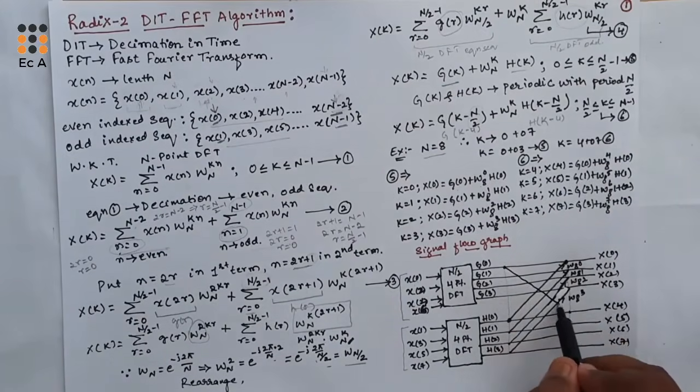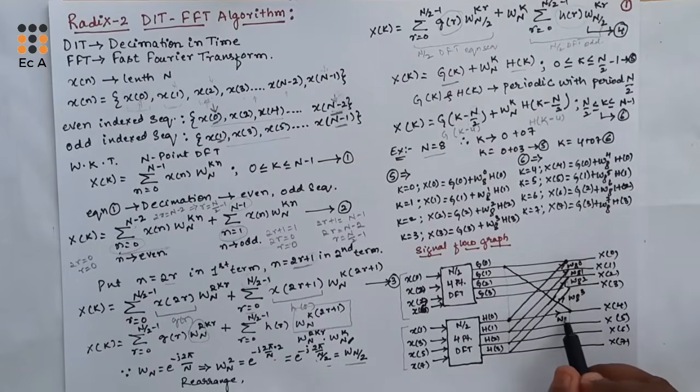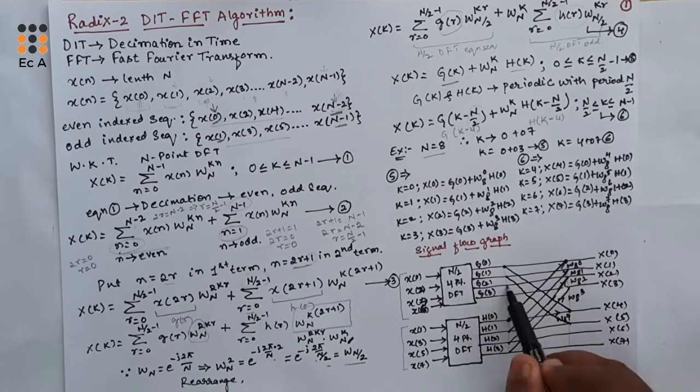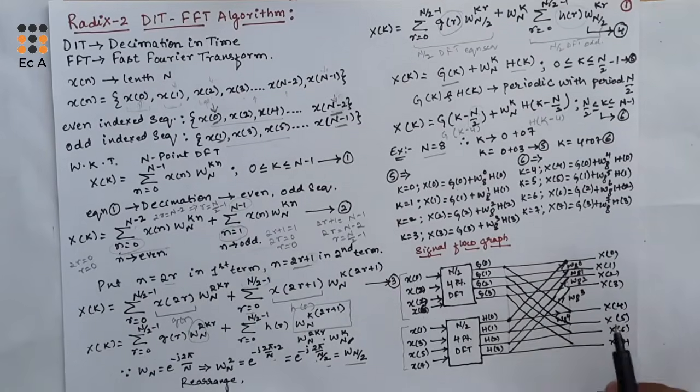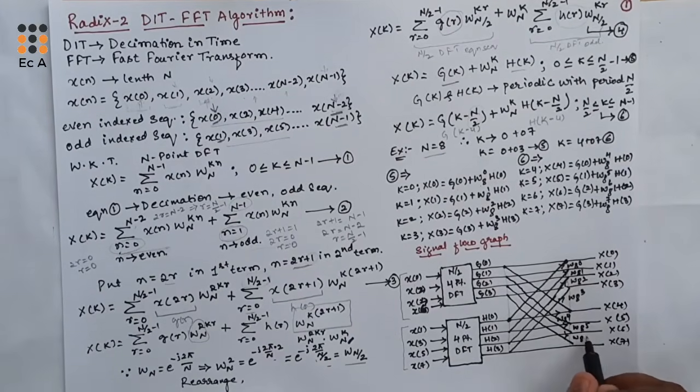We can join these two, and the scaling factor is w8 to the power of 4. The same way we can join these two, and we can join here like this. So we can write the scaling factor for each. It will be w8 to the power of 5, w8 to the power of 6 and w8 to the power of 7.